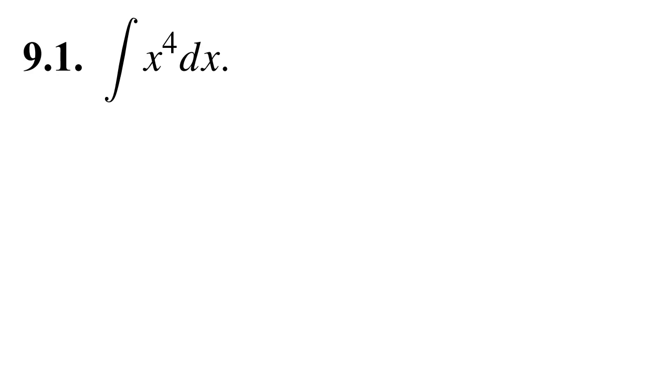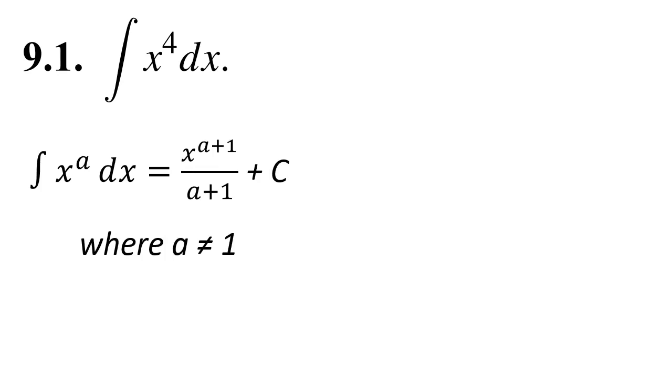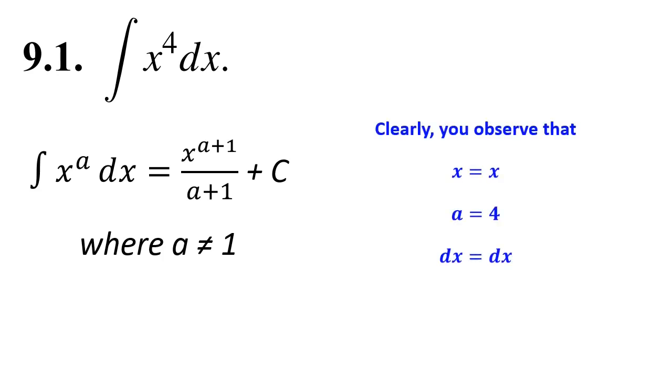9.1. So for 9.1, we are going to observe that it is already given in the form x to the power a dx, where your a is equal to 4, your x equals x, and your dx is equal to dx. So you see clearly here that your x is x, that is, this x remains this x.